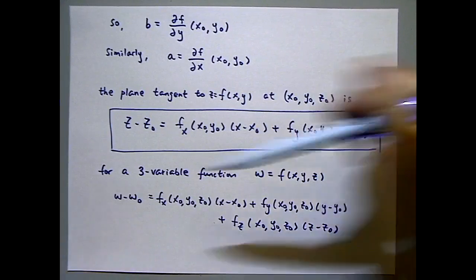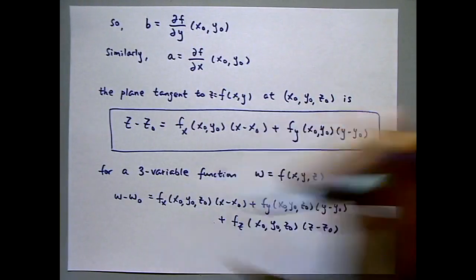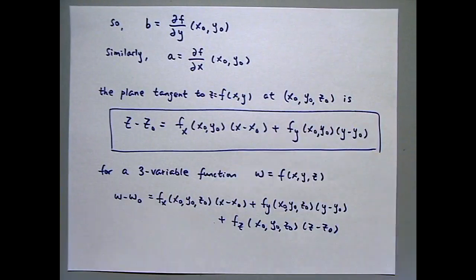And if you keep going up with more variables, you just keep adding more terms to it. The idea is the same. You're using the traces to find the slope, which is the same as the partial derivative, and then put it all together to get a plane.